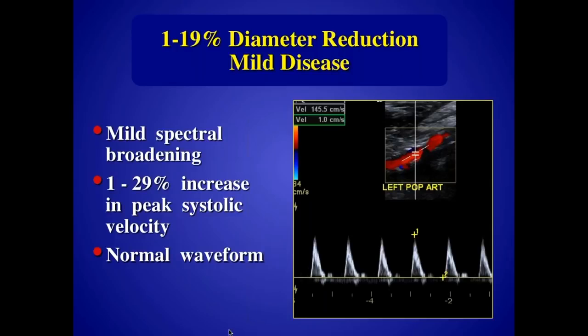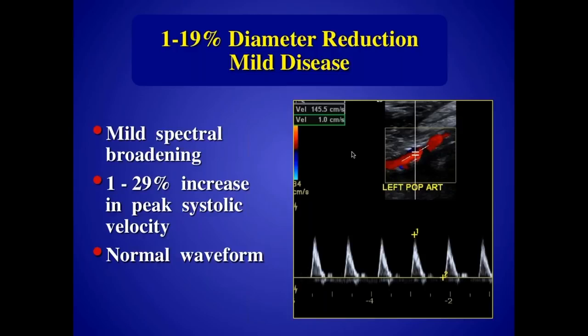And we're going to see mild changes, right? When we look at this example of a mild stenosis in the left popliteal artery, we see that the waveform still looks triphasic, but we're starting to see some fill-in of the spectral window, and the velocity is elevated. Here it's up to 145 centimeters per second.